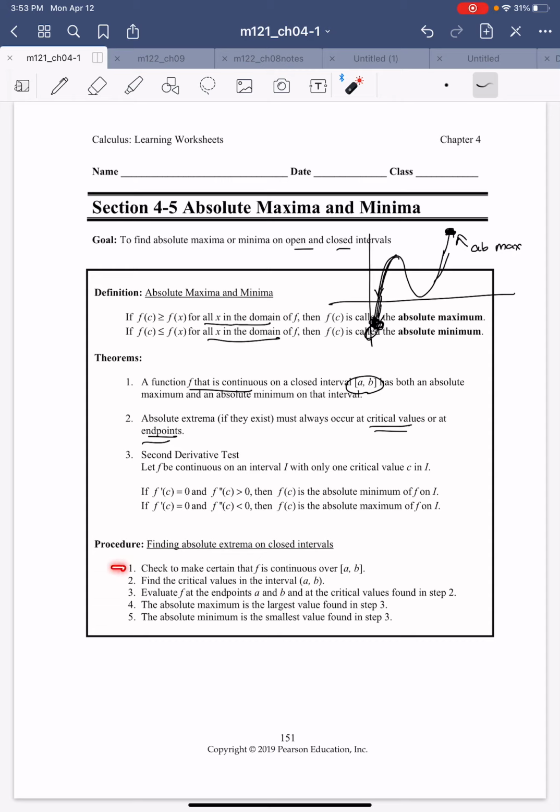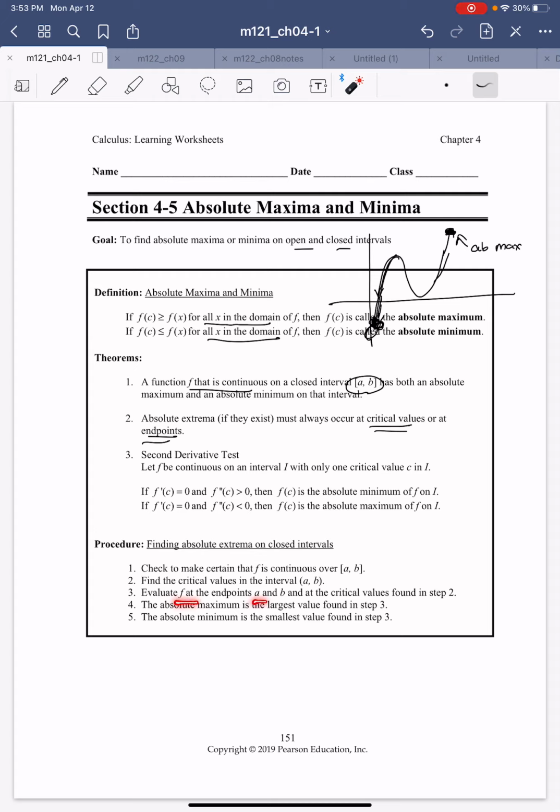So these are the 5 steps that we are going to go through to find the absolute extrema. We start with f being a continuous function, because we need a continuous function to find the absolute max and min. Step 2, find the critical point. Recall earlier in chapter 4, we found the critical point by setting the first derivative equal to 0.